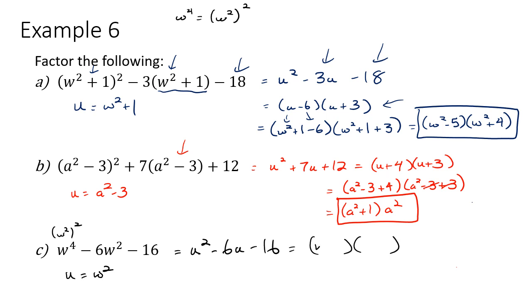That would factor into u minus 8 times u plus 2. Just to quickly double check myself, u minus 8 times u plus 2 gives u squared minus 6u minus 16. Checks out. Then I'm just going to reverse my substitution. u was w squared, so this is w squared minus 8 times w squared plus 2.